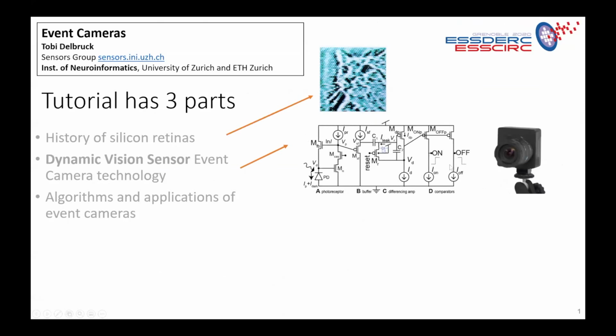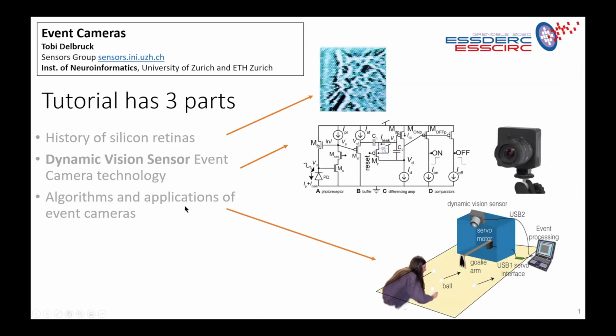It covers the dynamic vision sensor pixel circuits, temperature, mismatch, all kinds of practical stuff, including recent industry developments and improvements of readout bandwidth from different companies. The last part is a bit shorter, but it's about algorithms and applications of event cameras, like the RoboGoalie that I had so much fun building at Telluride.